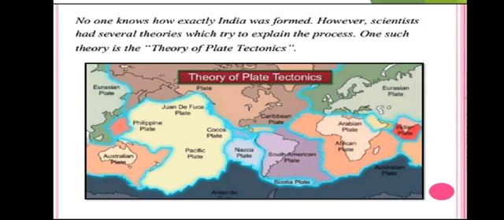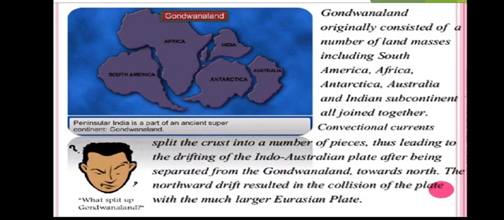I told you about Pangaea, a giant continent. It was divided into 2 parts. The northern part is called Angara land and the southern part is called Gondwana land. So our country, India, was in Gondwana land, the southern part, and it consisted of various other countries also, such as Africa, South America, Antarctica, India, Australia.